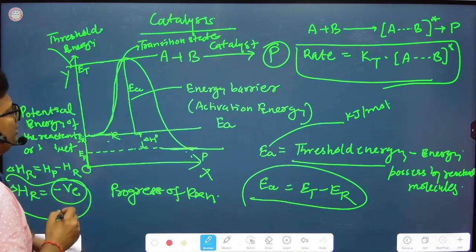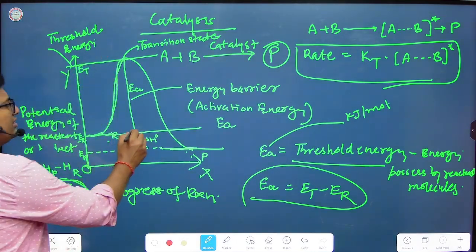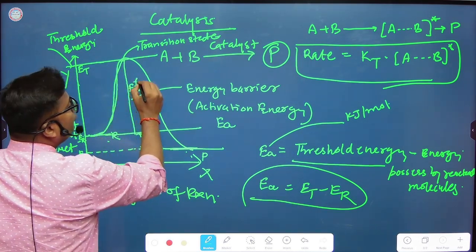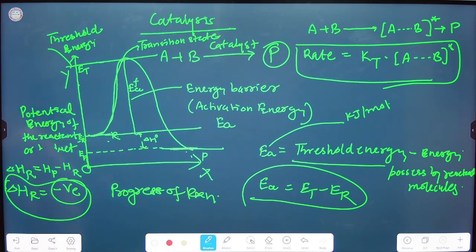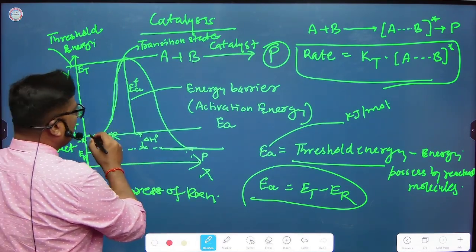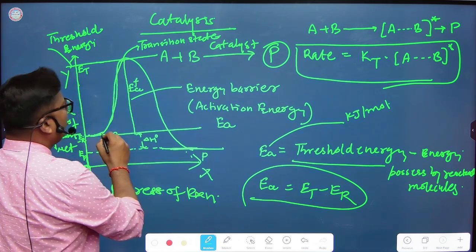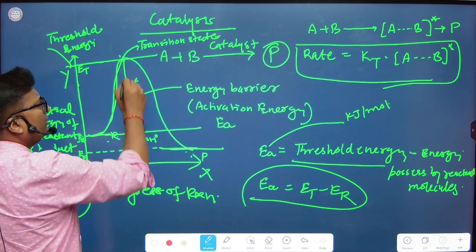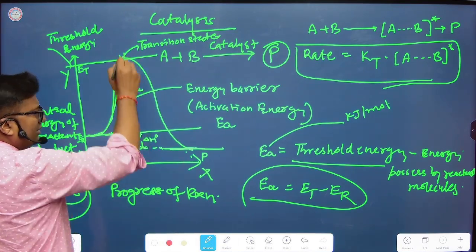Now this EA is the activation energy for the forward reaction. So this is your EA forward; in the superscript we can denote F. For reactant molecules, because here the reactant molecules have to reach this point, this is actually the activation energy for the forward reaction.